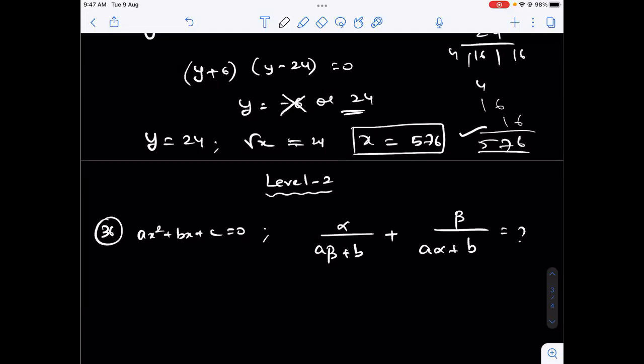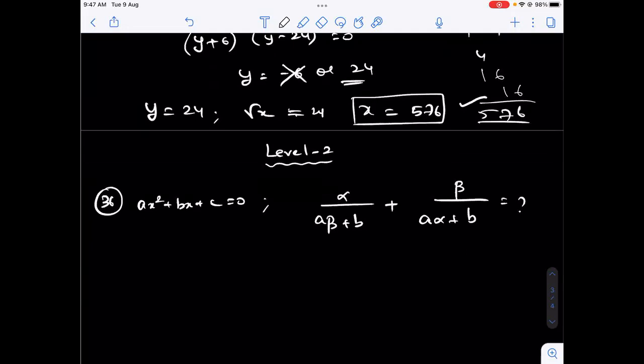What idea will you follow? Want to take LCM and then proceed? Think, we are discussing. Even if it is wrong, no problem. Share your idea. What do you want to do? Shall we try and see? Okay.